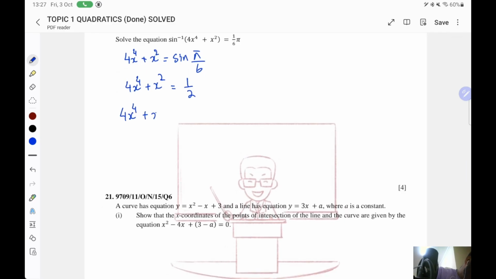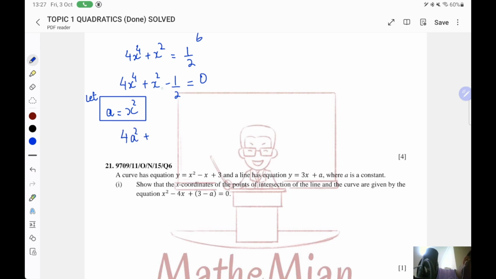It will be 4x power 4 plus x square minus 1 by 2, and it will be equal to 0. Now what you can do is you can let a be equal to x square. Now the x power 4 will become 4a square. The second will become just simple a, and minus 1 by 2 equal to 0.